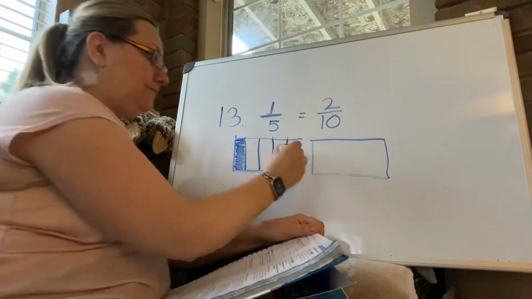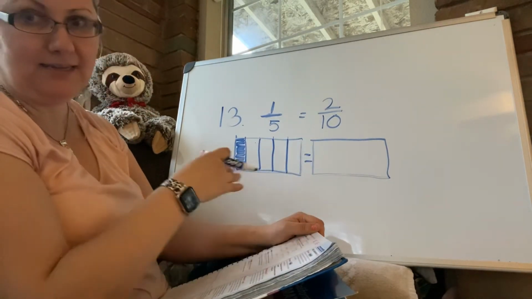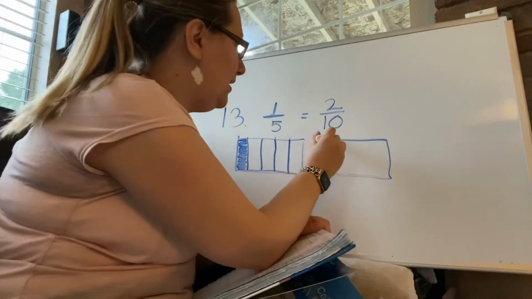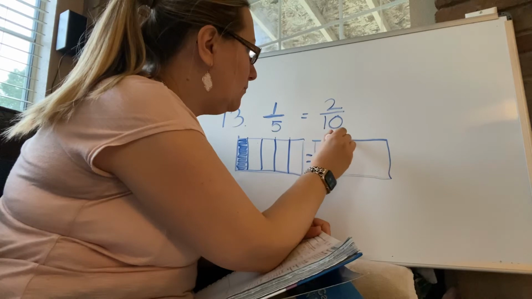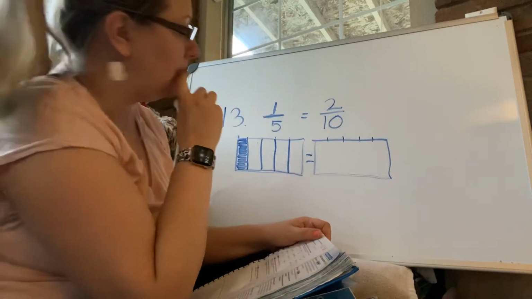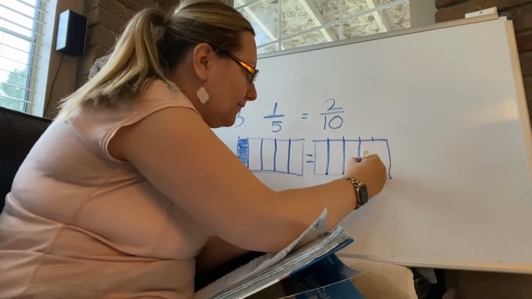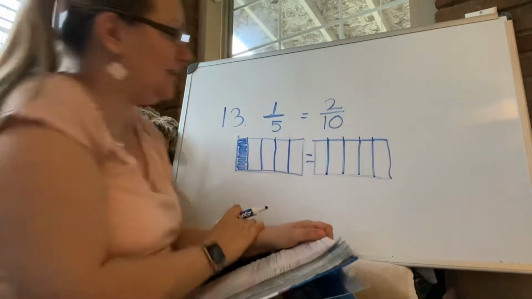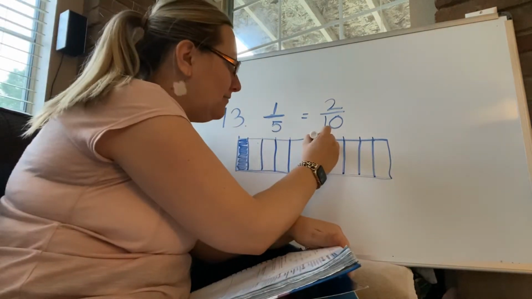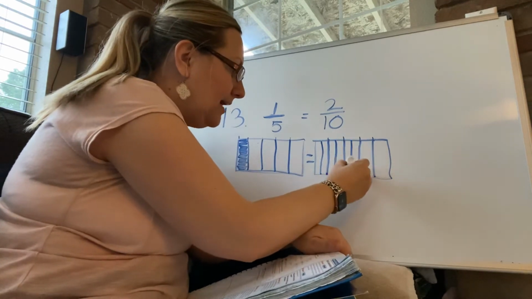Okay. Then we have 2/10 over here, which is exactly double the amount of equal parts. So why don't we go ahead and do that again? 1, 2, 3, 4 equal lines. Go ahead and make those lines. Okay. And now, since we're not trying to get 5, we're trying to get 10, go ahead and divide each of those into 2 as neatly, carefully as you can.